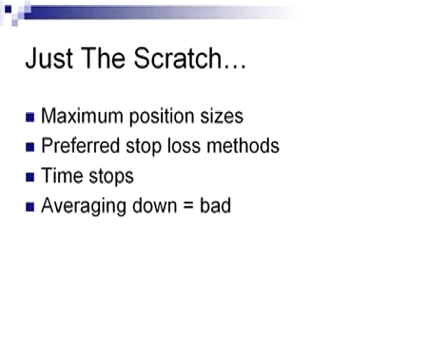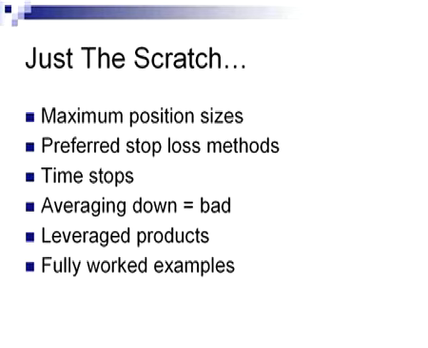You want to really turn averaging down on its head and make sure that you start pyramiding up. How do you actually apply these techniques and strategies into leverage products? If you take the concepts and you apply it to any instrument, the fundamentals ring true. It's just a matter of how do we actually apply that into the leverage products. And some more fully worked examples, that's probably what we'd go through if we had a bit more time.